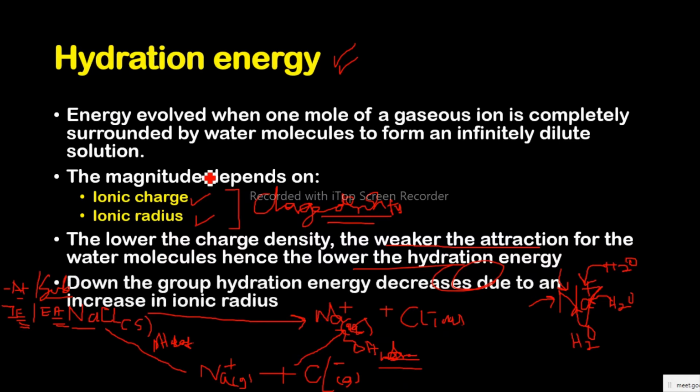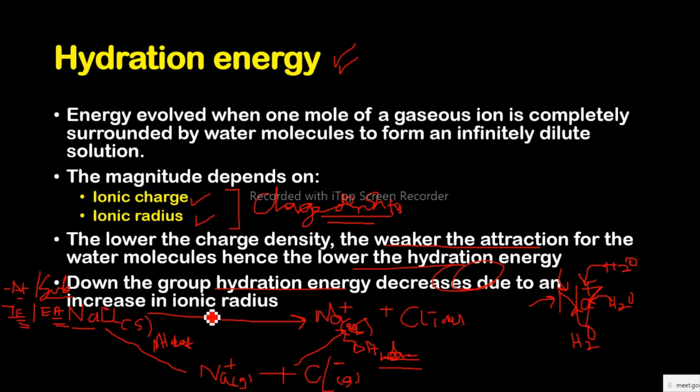So down the group, among these group 2 and group 1 elements, how is hydration energy going to vary? You expect hydration energy to decrease down the group. And why is it decreasing?